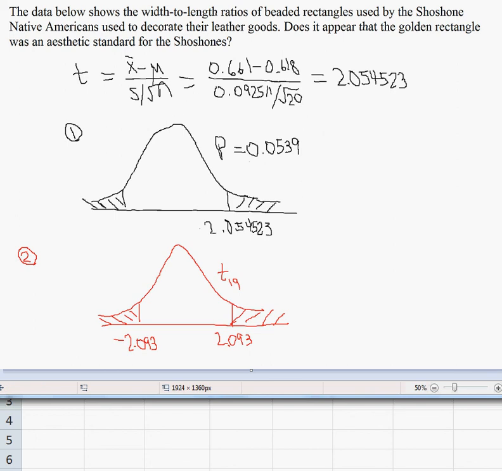And so on this extreme, the decision would be to reject the null hypothesis. Also on this extreme, the decision is to reject the null hypothesis.